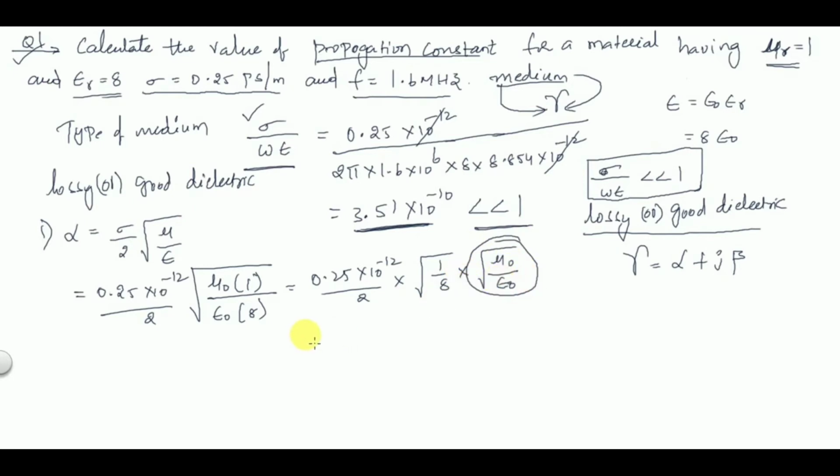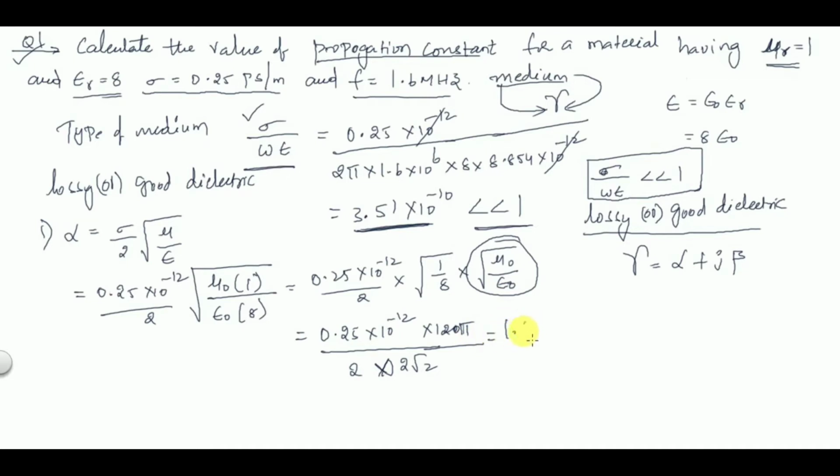We know that root of mu naught by epsilon naught is 120 pi; during free space propagation I told you that this value is 120 pi. So 0.25 into 10 to the power of minus 12 into 120 pi I am writing on the numerator side. In the denominator, what is left over? 2 into root 8, which is 2 root 2.